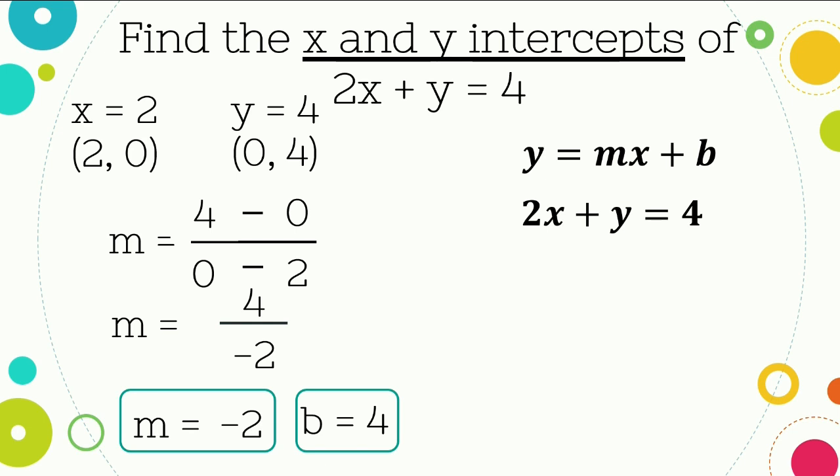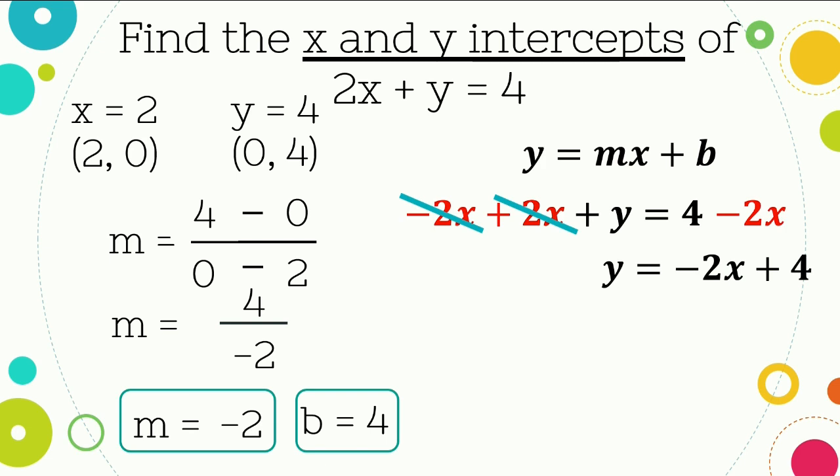Let us leave our y alone. Let us get the opposite of positive 2x, and that is negative 2x. We will add on both sides si negative 2x. Then, cancel si negative 2x plus 2x. We will have y equals negative 2x plus 4.